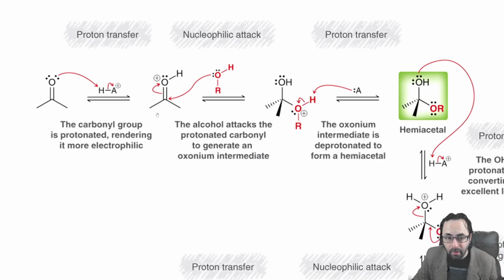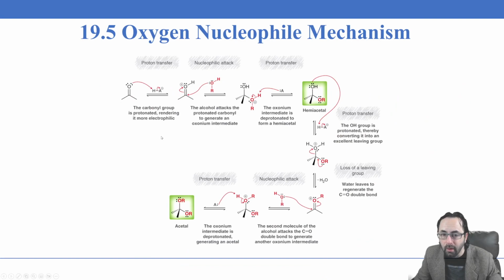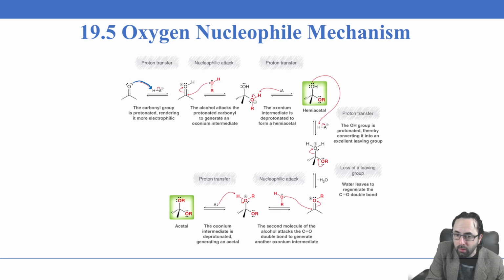It protonates the carbonyl. So you don't have to memorize this first step. You should just be thinking, okay, when I've got a carbonyl here, and it's in the acid environment, it's going to get protonated. So we have the proton transfer from the acid here, and that gives us our protonated carbonyl.